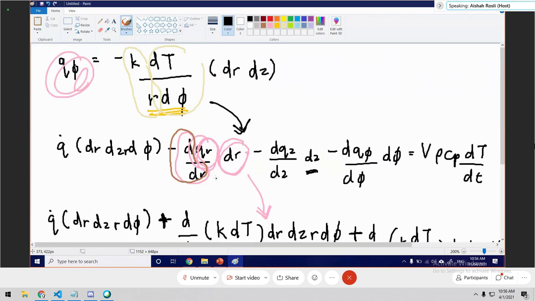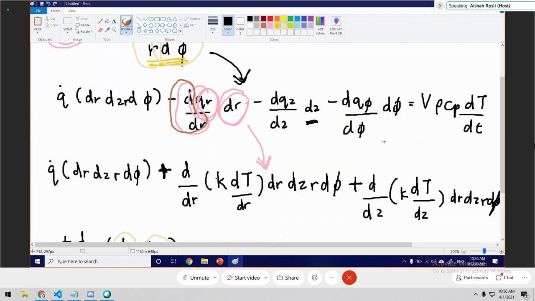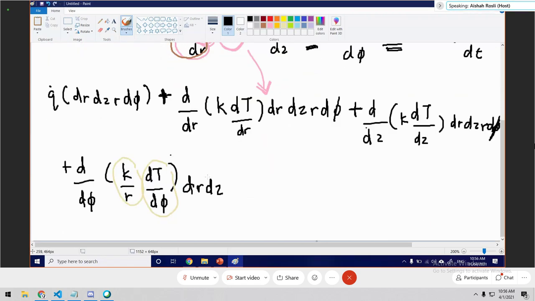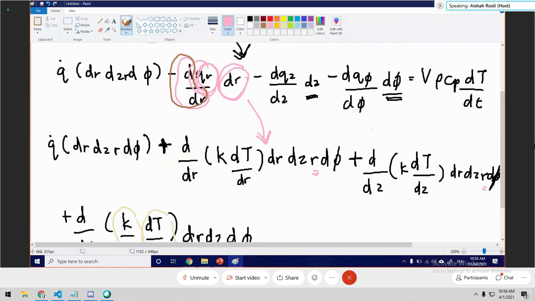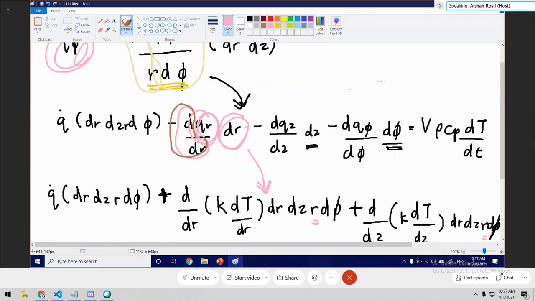Here in the balance equation, we still have d phi. So you can see for the other two directions, we have r d phi, but this one is simply d phi because it's only d phi here.